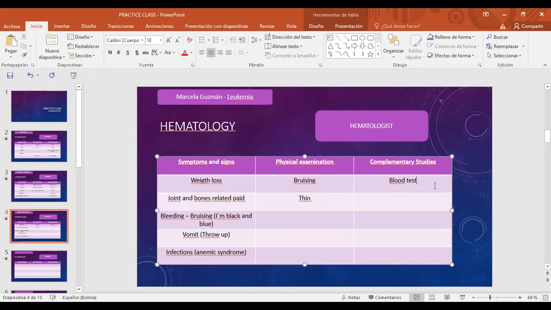Well, because it's blood cancer, the count of blood cells will be lower than the normal ones. All series? Yes, platelets and red blood cells would be low.